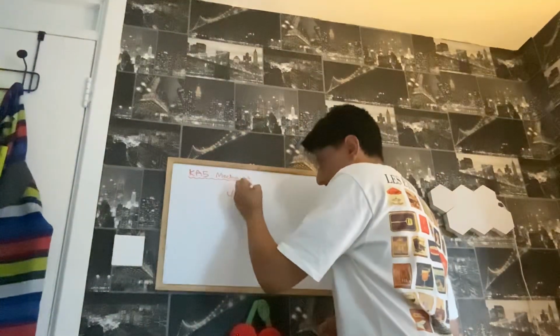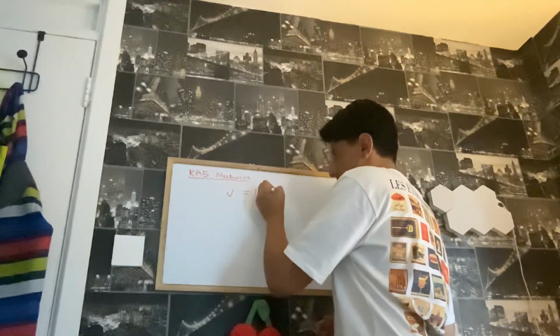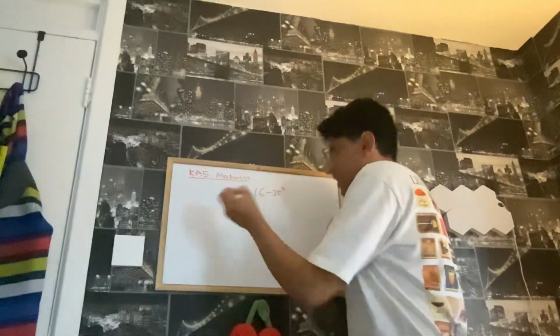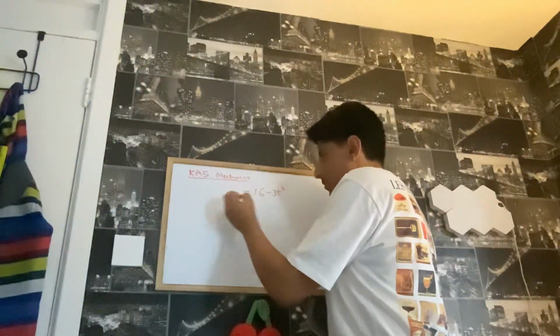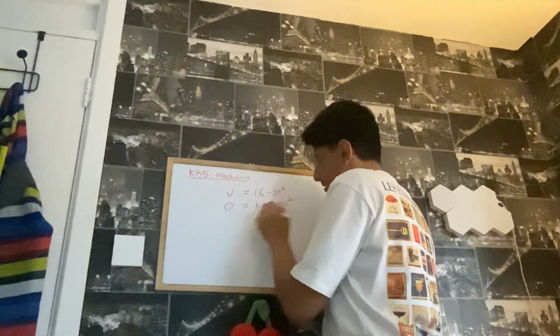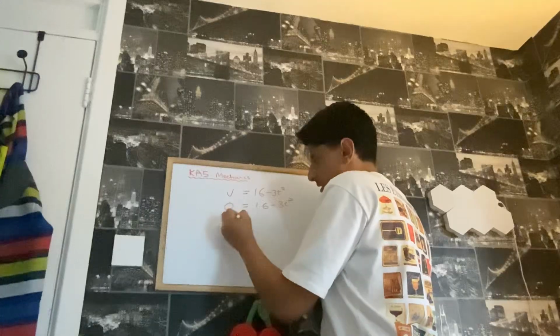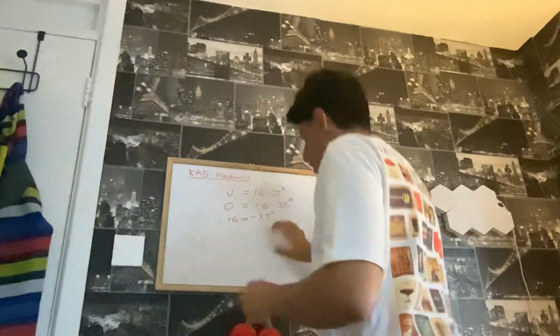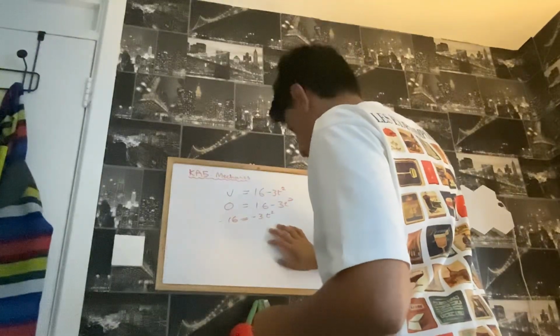I'm going to write it again. V equals 16 minus 3t squared. So, find t when v equals 0. 16 minus 3t squared equals 0. Move this 16 to the other side: minus 16 equals minus 3t squared.